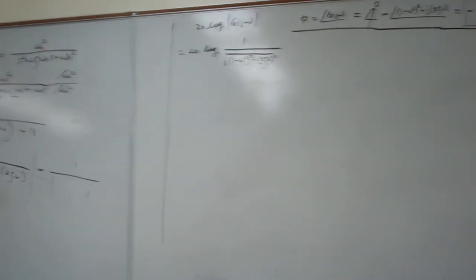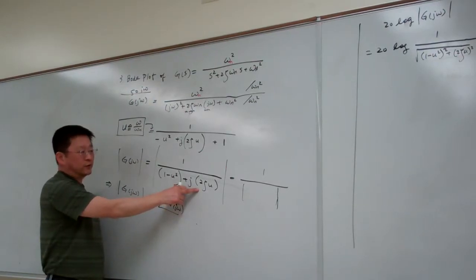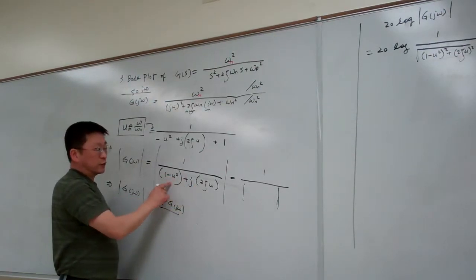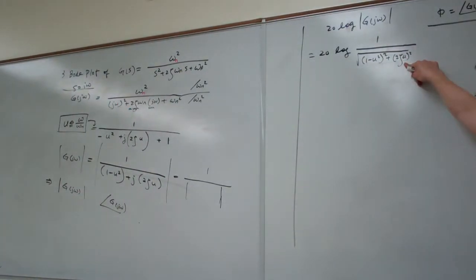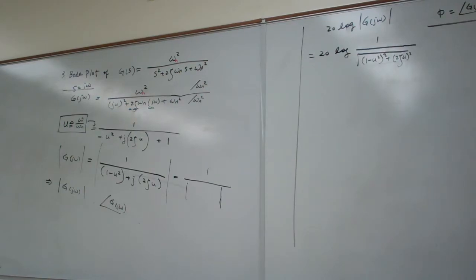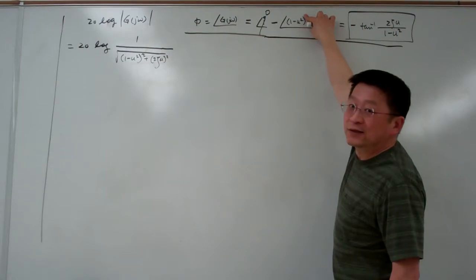The magnitude of the denominator, which is a complex number, is the square root of the real part squared plus the imaginary part squared. Where did the second square come from? Oh, sorry, that's my mistake. I wrote too fast, and it shouldn't have any square here.